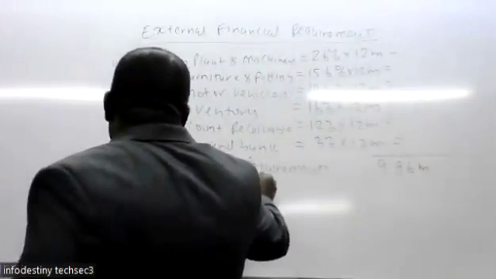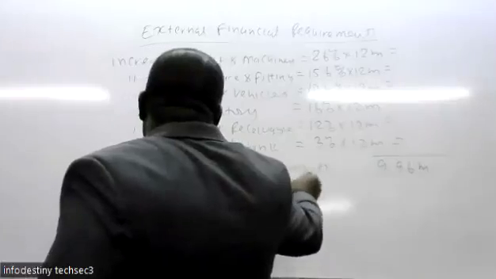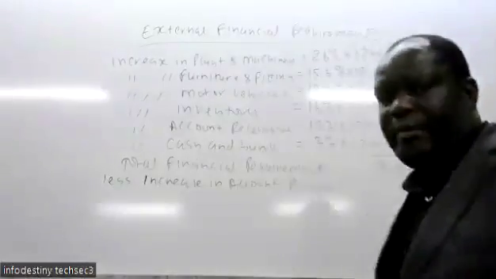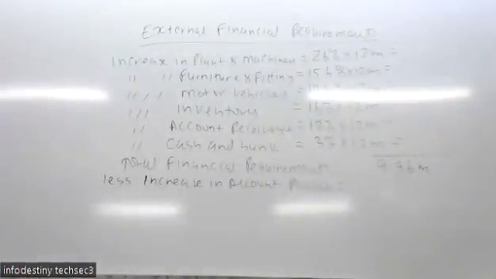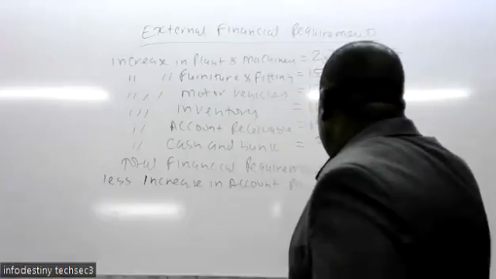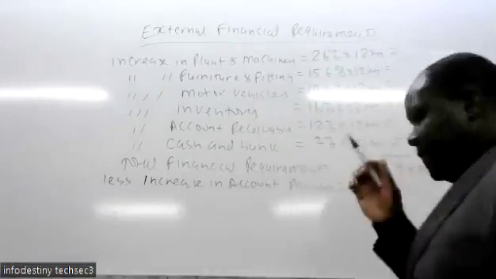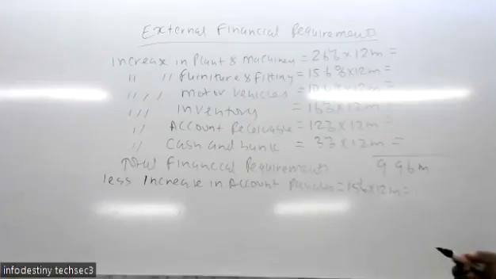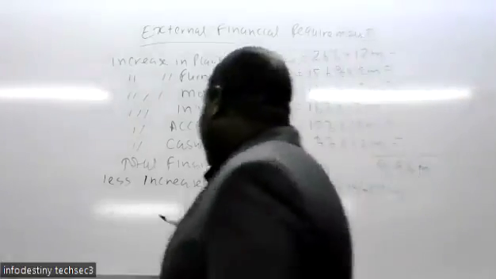Increase in account payable, you got which percent? 15% of also 12 millions, which is supposed to be 1.6.